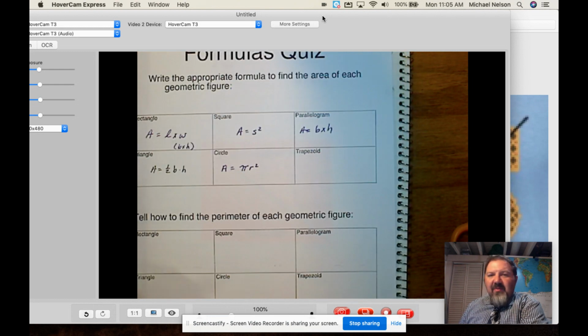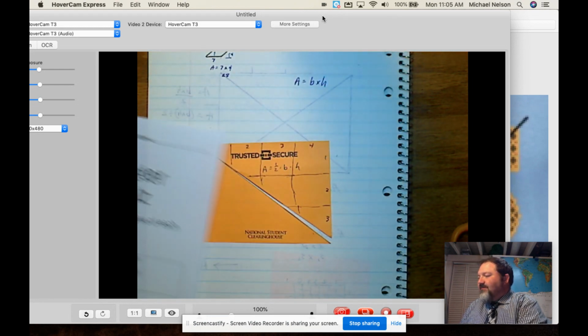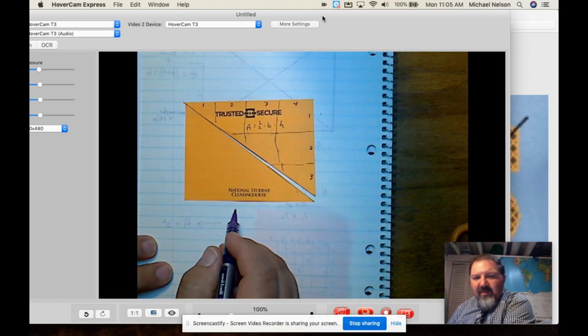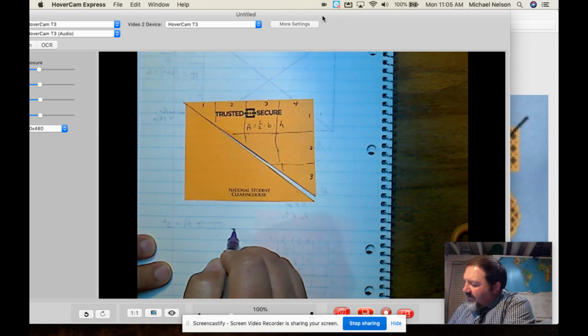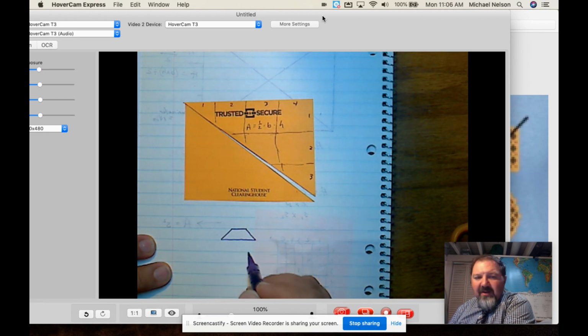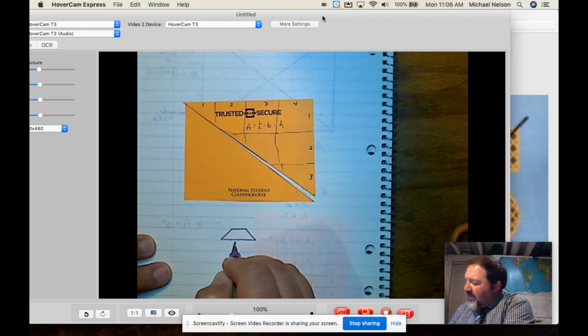All right, trapezoid. Now you remember a trapezoid is a little bit different critter. A trapezoid has two parallel bases, but then these sides angle in towards each other. So one set of parallel bases, but not the other. This is base 1, this is base 2, and then these are your sides. But you still have that height.